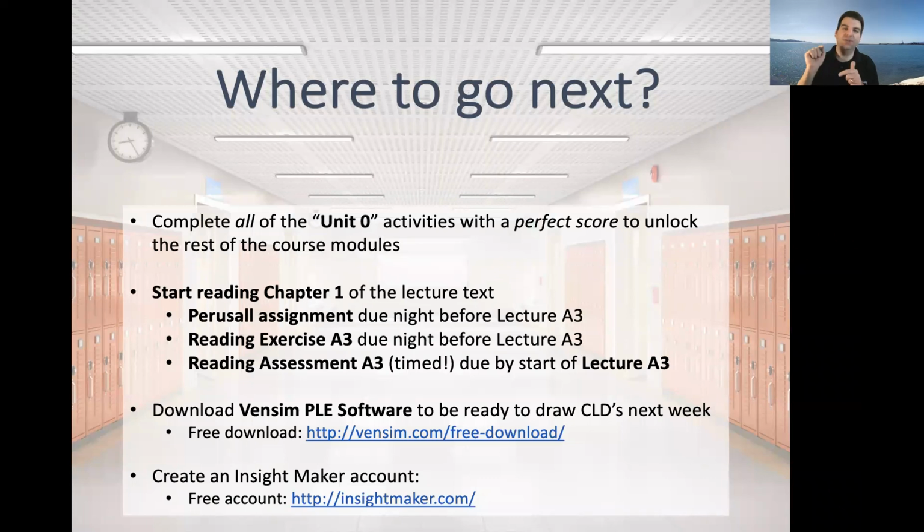And once that's available, once you complete it, it'll unlock the rest of Canvas. The thing that you need to be worrying about for next week is that before lecture A3, which I guess will be next Tuesday's lecture, you'll want to read chapter 1 of the textbook, which you can already get available. There'll be a perusal assignment, there'll be a reading exercise and a reading assessment all attached to that chapter.